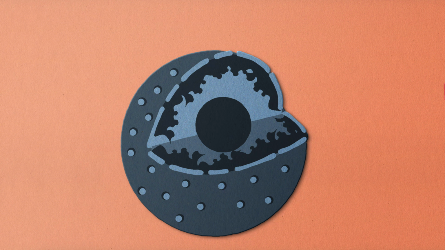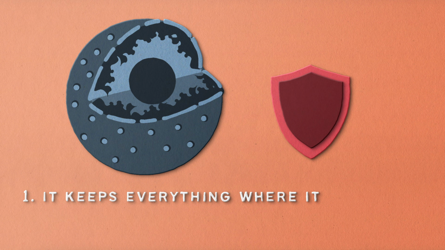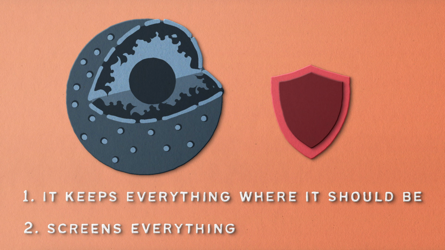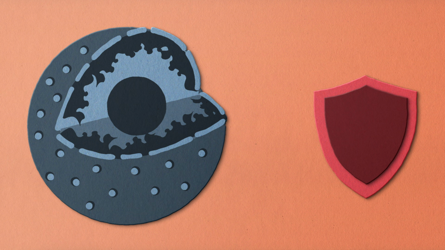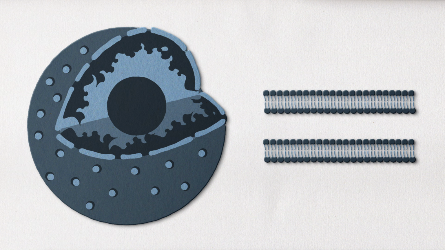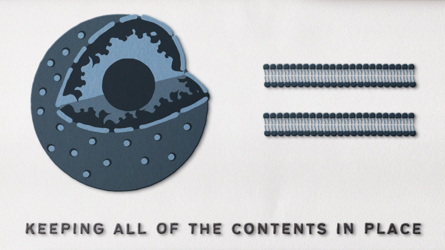The nuclear envelope is like your computer's antivirus. It keeps everything where it should be and screens for everything before allowing it on your computer, or in this case, the nucleus. You can't be a superhero sidekick with a virus on your computer, can you? The nuclear envelope consists of 2 phospholipid bilayers that act as a wall for the nucleus, keeping all of the contents in place.